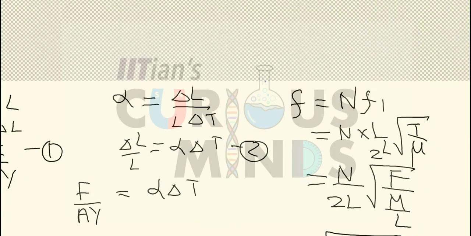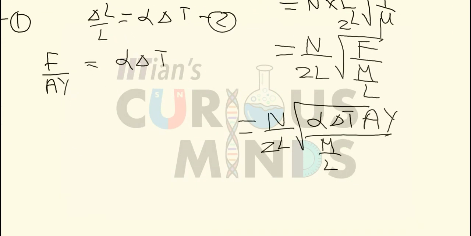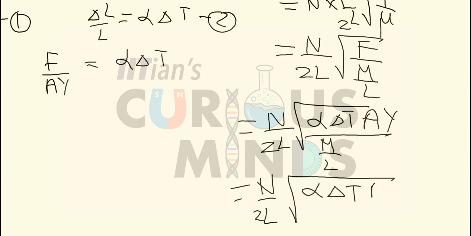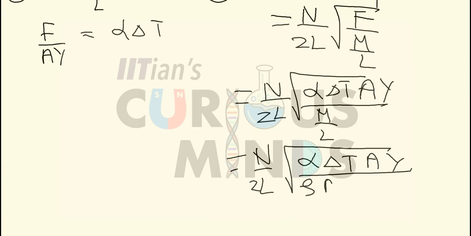If you see the answers, we want the answers in terms of density. So mass can be written as density into volume, which is equal to density into area into length. Here area and area will get cancelled out, length and length will get cancelled out.